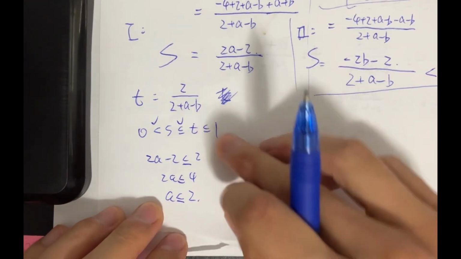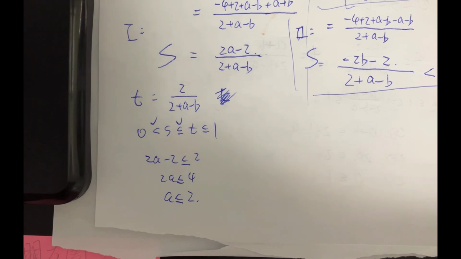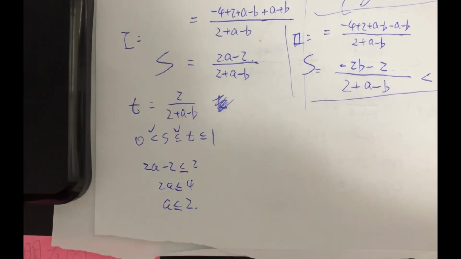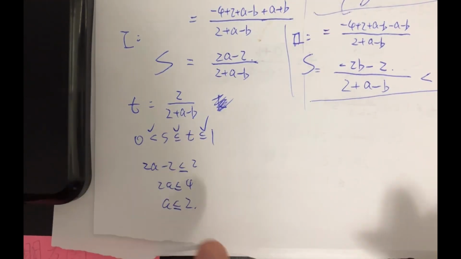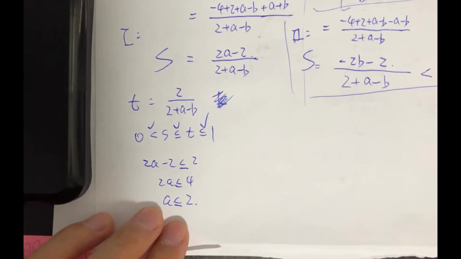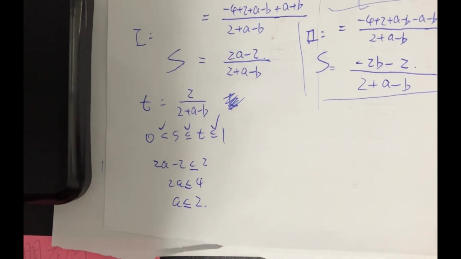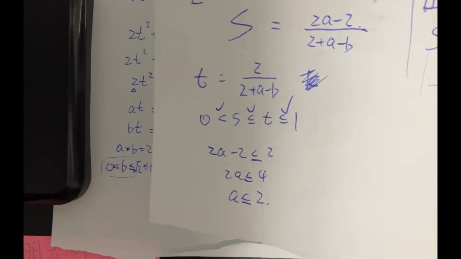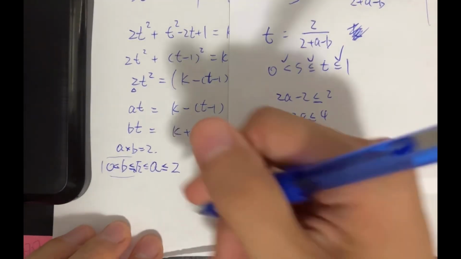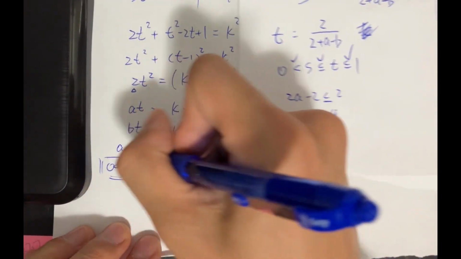So t has to be a fraction under 1, or maybe it's just 1 in the case where a equals b, but in most cases it is lower than 1. Anyway, this is guaranteed. So the range thing is totally solved. It's totally dealt with. There's nothing else we need to worry about. Just stick to this.